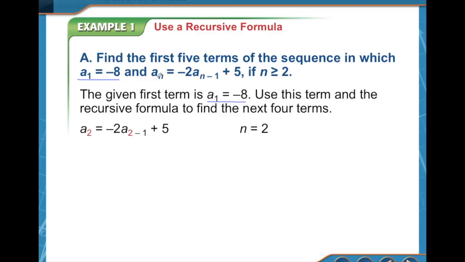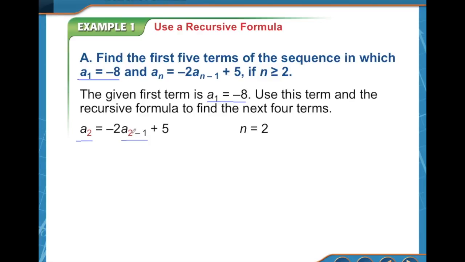If we wanted to find the second term, or a sub 2, that will be -2 times a sub 2 minus 1 plus 5. So what does this a sub 2 minus 1 mean? Well, 2 minus 1 is 1.